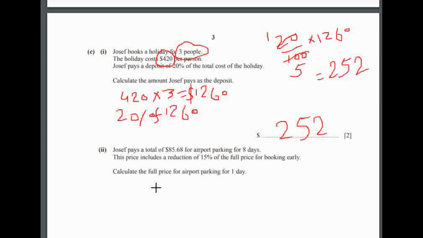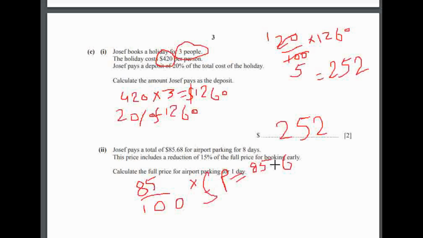It means if the original pay or full pay is X, we write that 85% means 85 over 100, so 85% of the full pay for 8 days, I write f.p. for full pay, is equal to 85.68.